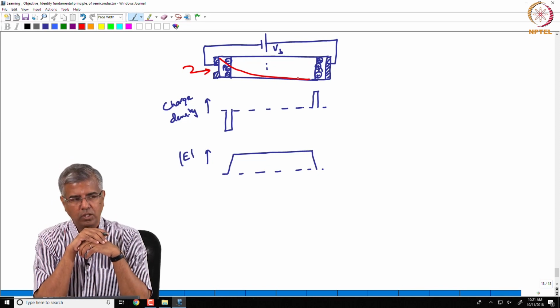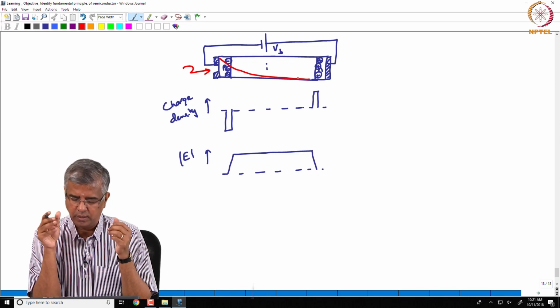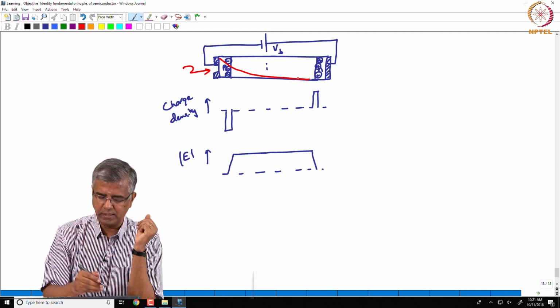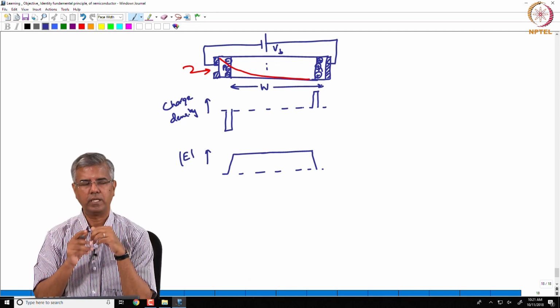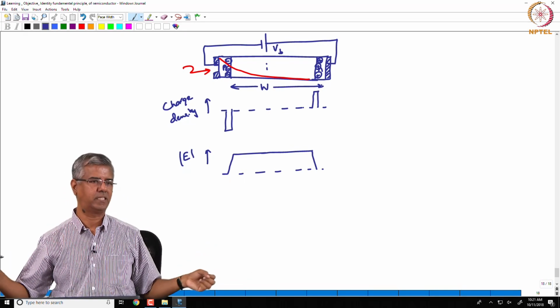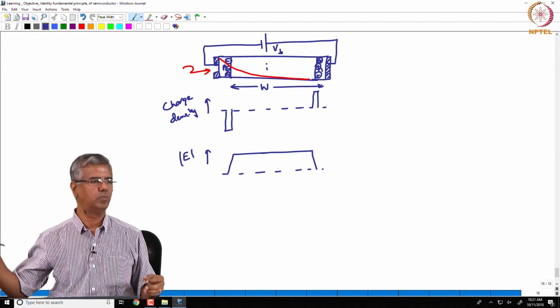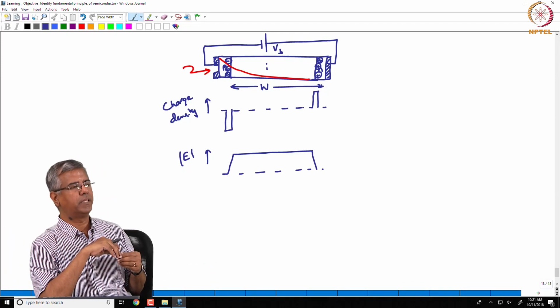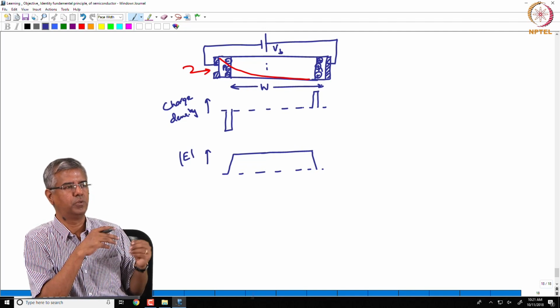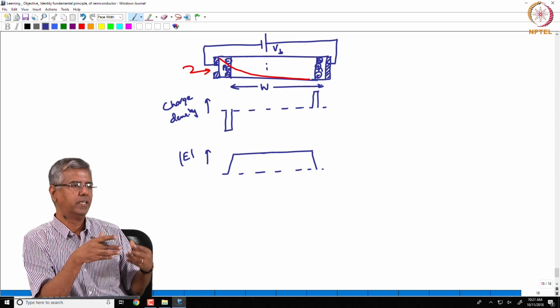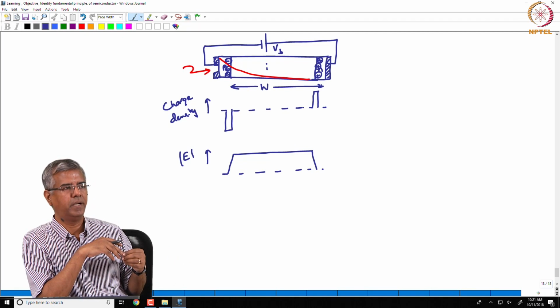And the width of that I region, let's call that W, right. The width of the I region can be extended so that you can absorb all the power that's incident on this structure, right. So it gives you a sort of free design parameter.